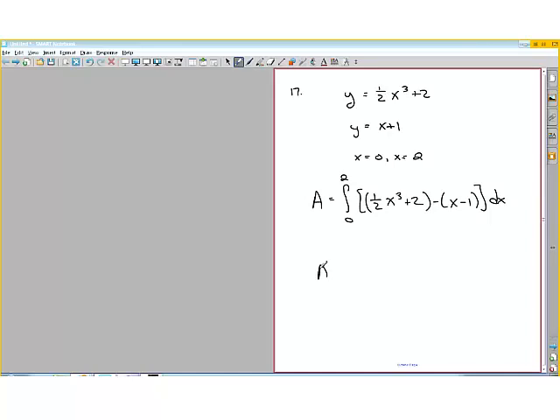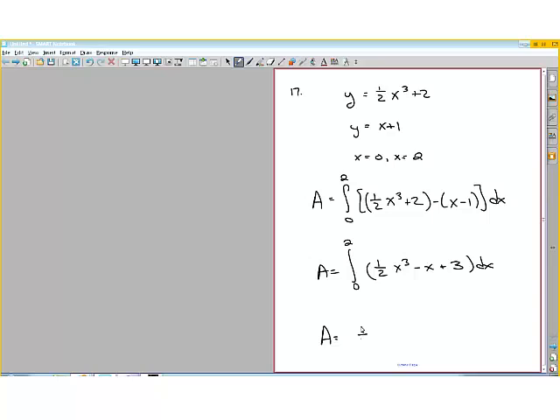So what we need to do is just simplify as much as we can. So we have 2 minus a minus 1, which is 2 plus 1. So we get 1 half x cubed minus x plus 3, the whole thing times dx.